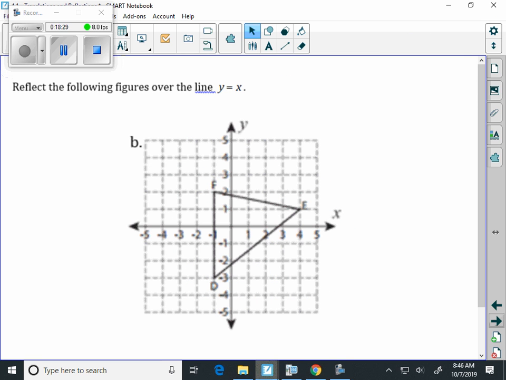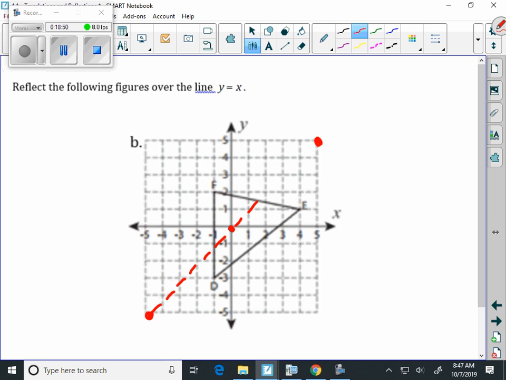Let's try another one. Here we've got a triangle, but we're going to reflect this over the line y equals x. Once again, I'm going to start at the bottom left, going up to the top right, through the origin, and I mostly draw this as a dotted line.